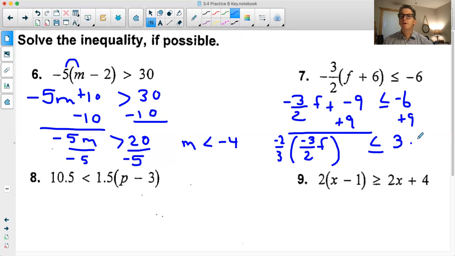Flipping the sign around, you'd have a greater than or equal to sign. F would be on the left, the 3's would cancel each other, and negative 2 would be on the right. So F is greater than or equal to negative 2.